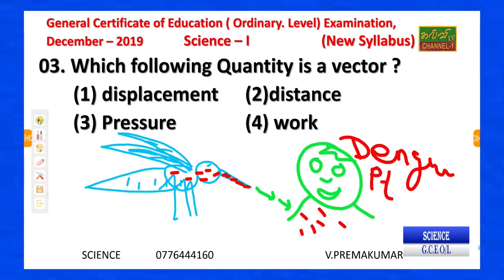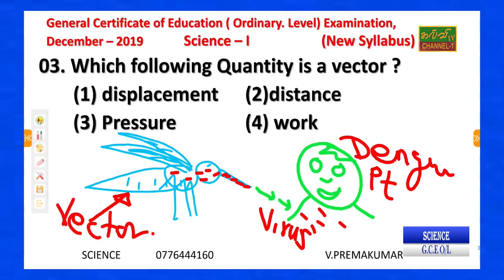What is the pathogen? That is the virus, the cause of this disease. But how is the mosquito involved? This is the vector. Vector means it carries something, here another virus. So the virus is carried by the mosquito. So two things are involved in this, and that is a vector.